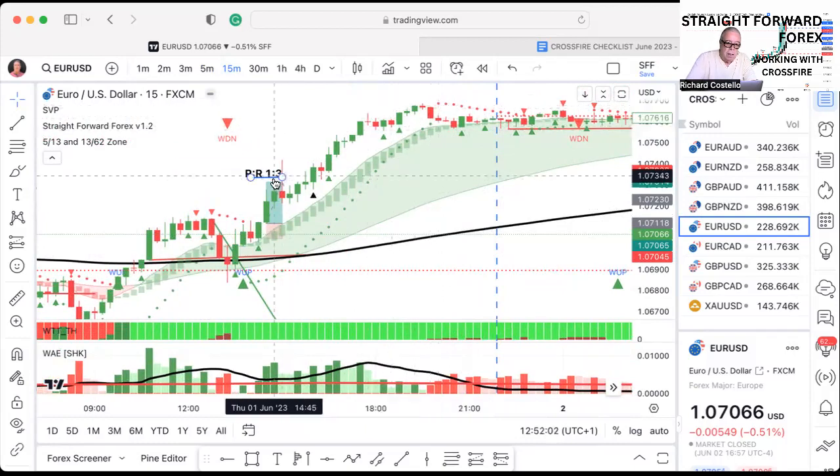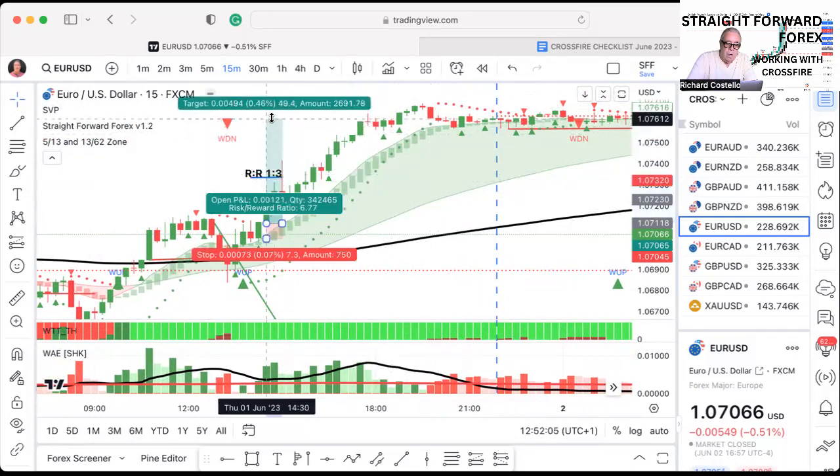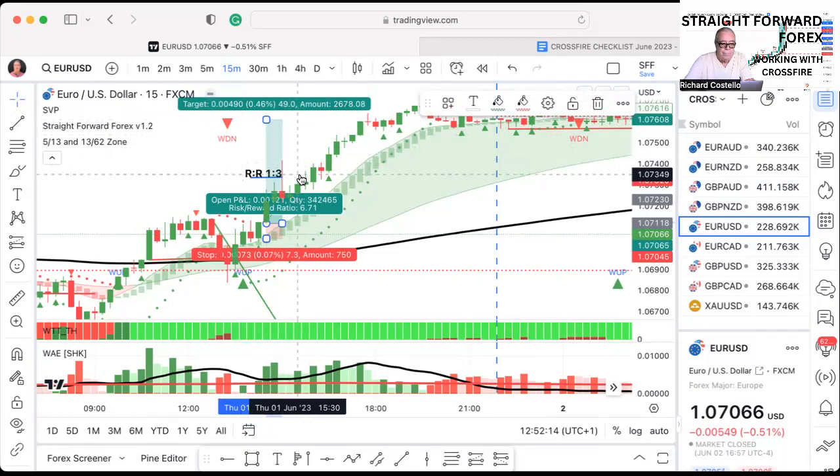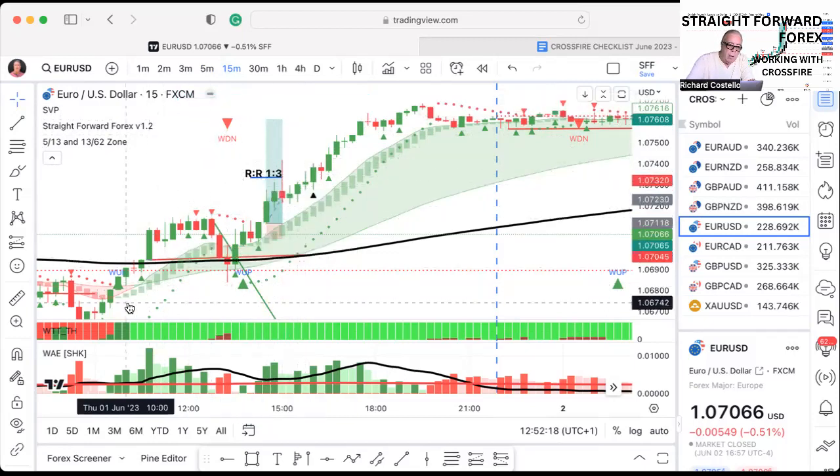So I could potentially, if I move that up to there, have got a 1 to 6.7.